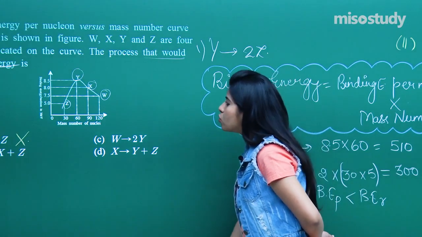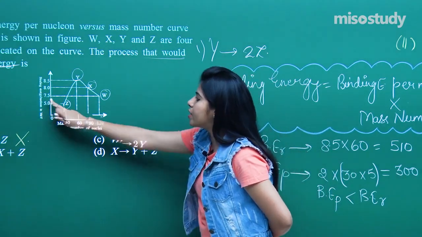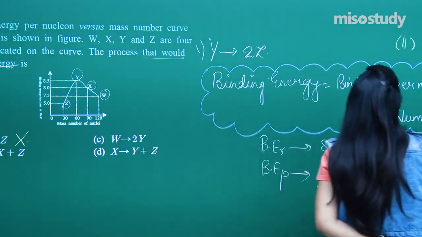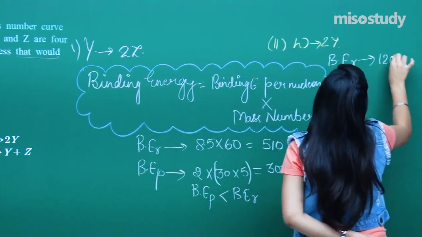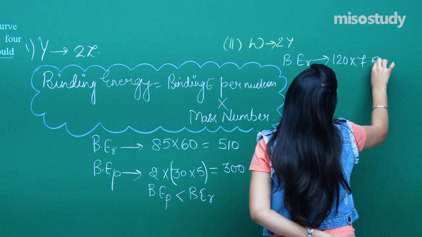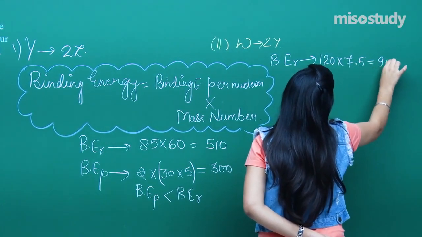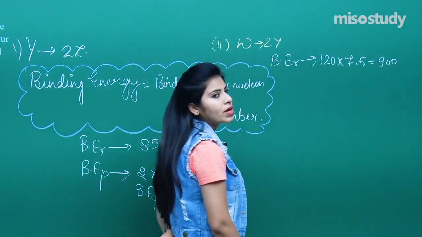So what we have to do? We have to multiply this 120 by 7.5. It will come out to be 900. This is the binding energy of reactant.